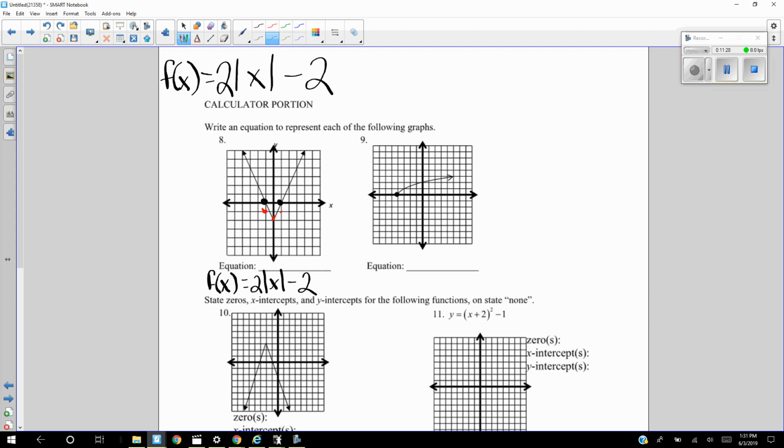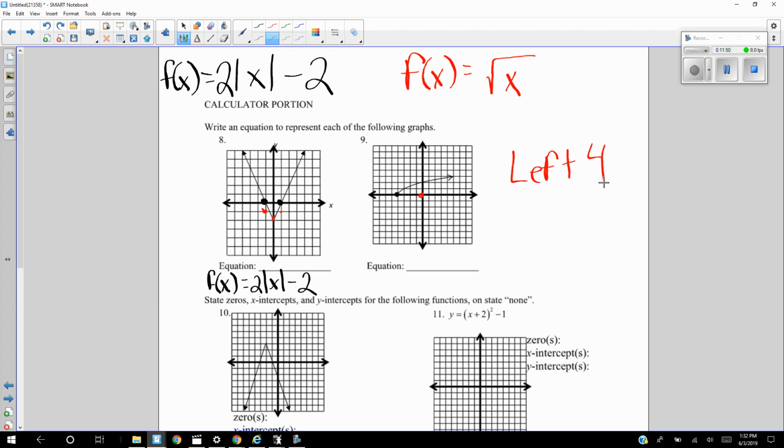And then number 9, this is a radical or square root function. Leave a little bit of space on the inside and out front. We notice this one has been shifted. It's normally at 0, 0, but it's been shifted from that point. It looks like left 4.